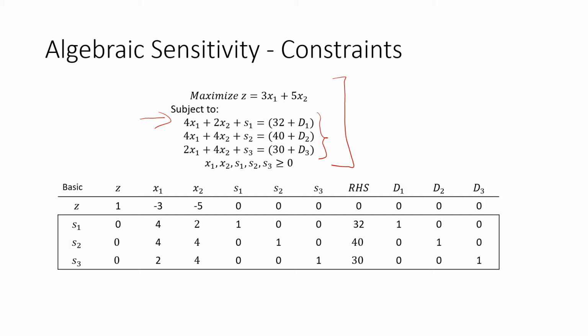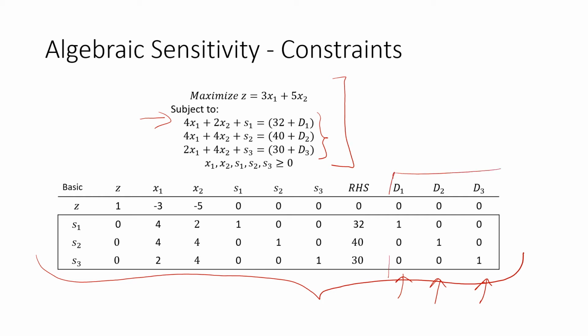Well, we can rewrite our tableau a little bit in this way. We can add extra columns for the D's: D1, D2, and D3, to keep track of what kind of an impact they're going to have. Now, here's a very important thing to note. Take a look at your values of D1 to start with, and take a look at your S's.